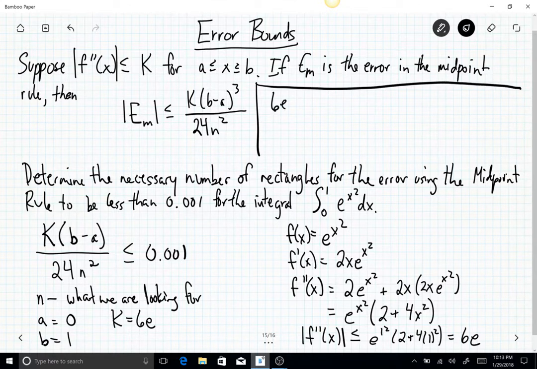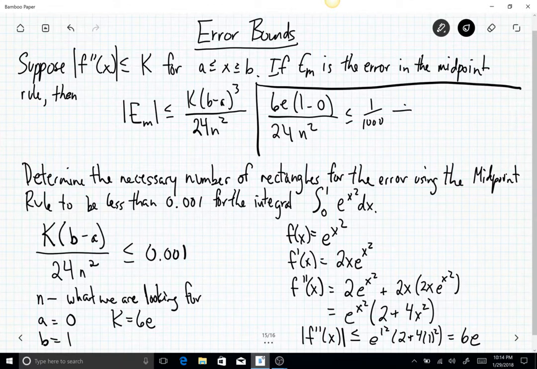Notice we get 6e times 1 minus 0 all over 24 n squared, where n is what we're going to solve for, is less than or equal to, think of this as 1 over 1,000.